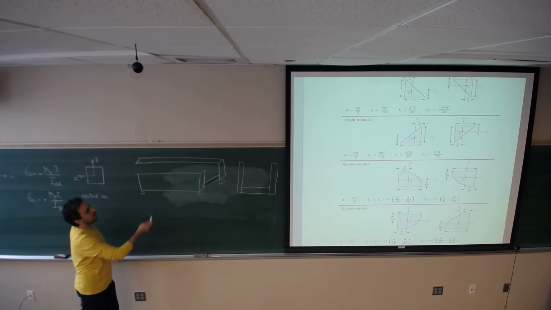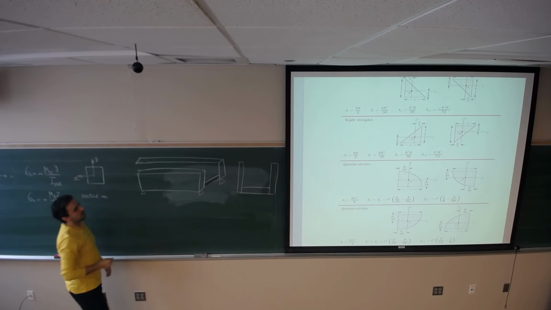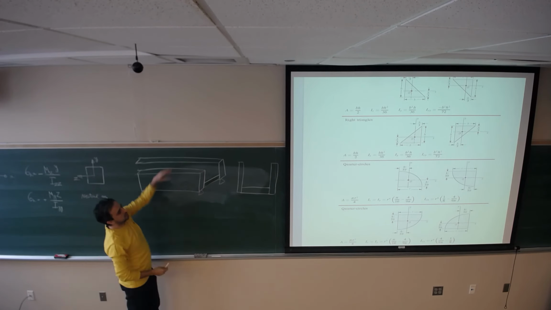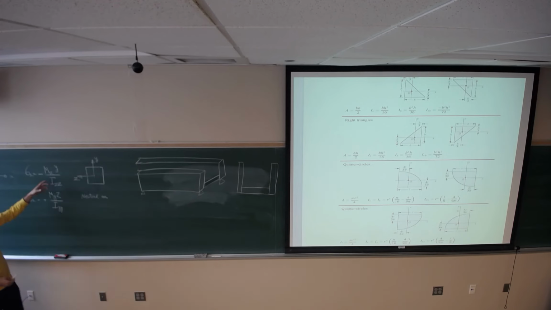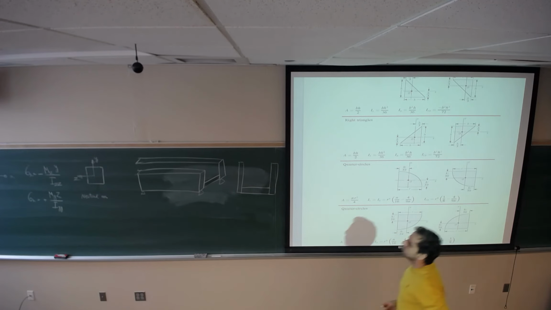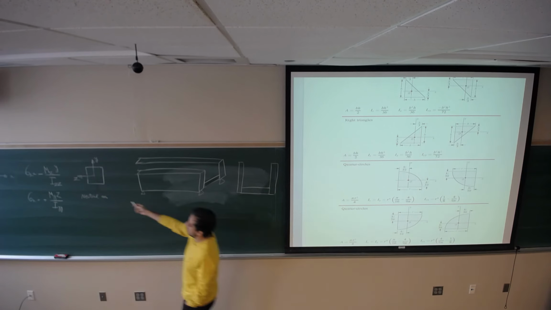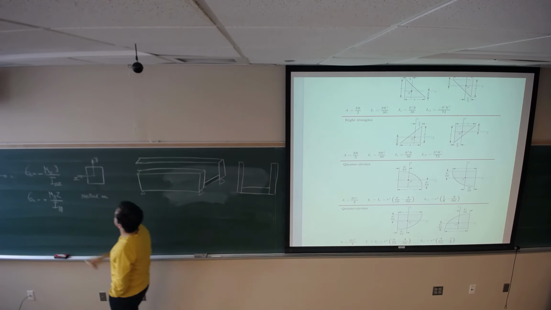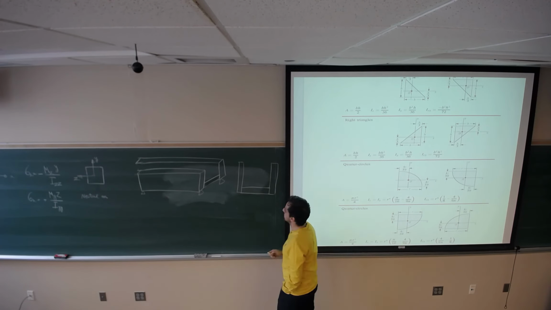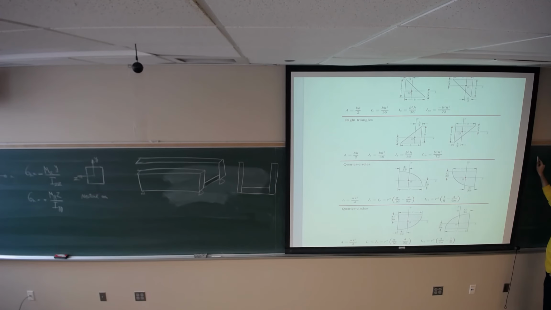So if this is under some load, we would like to find the normal stress due to the bending moment coming from this loading. To do that, we should use that equation that we derived. But before we start, we need to find the location of the neutral axis. So let me draw the dimension.